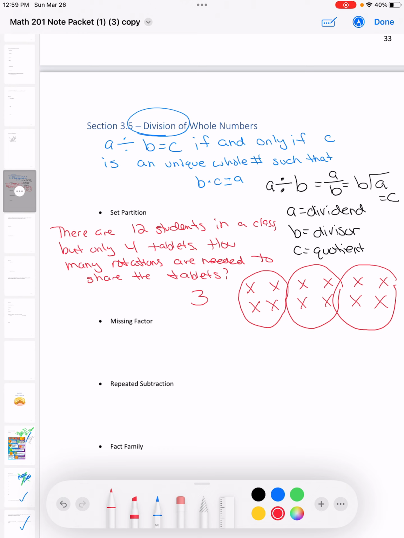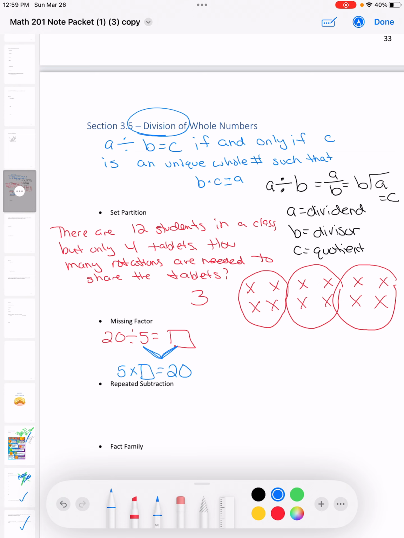We also can think about division in terms of multiplication, kind of like the definition set up above. So maybe I would have the problem 20 divided by 5. I could rewrite this as a multiplication problem. I'm going to multiply the 5 times something that would give me that answer of 20.